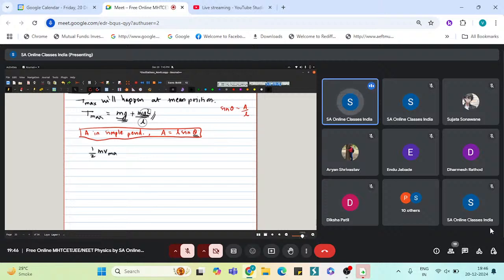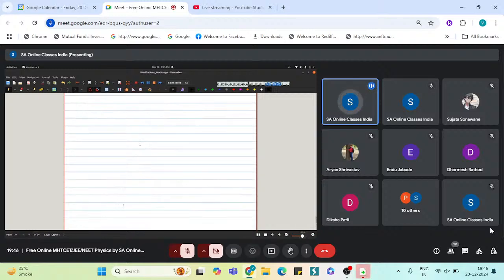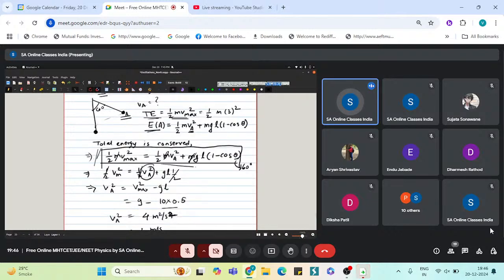So m v max square is equal to, now if you remember, instead of looking at some random position's energy, we will look at the energy at the extreme position.